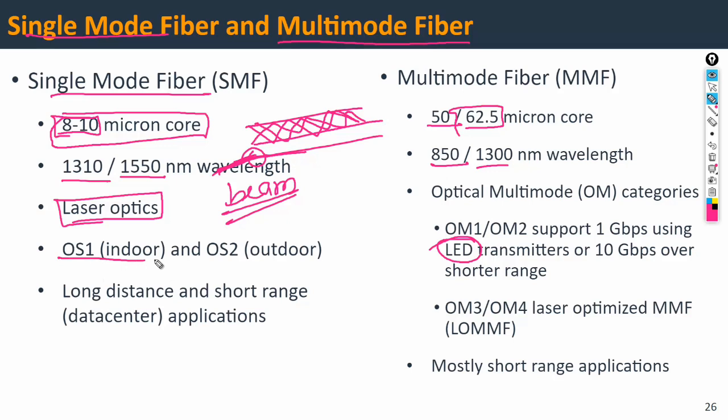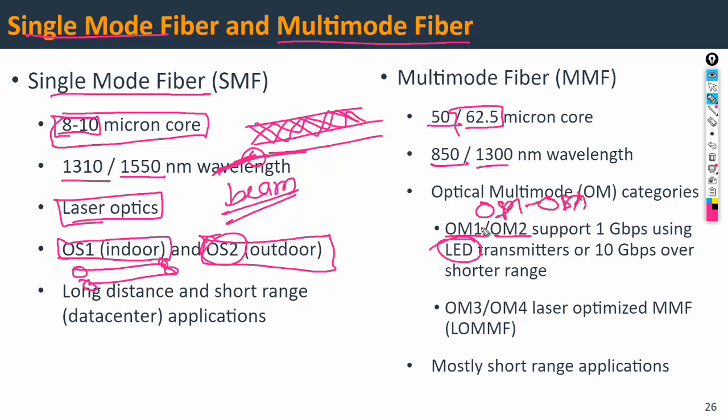There is OS1 cable, single mode fiber cable used indoors, and OS2 used outdoors. OS1 has only a single core, but in OS2 there are two cores inside a single cable. Here there is OM1 to OM5. OM means optical multimode.